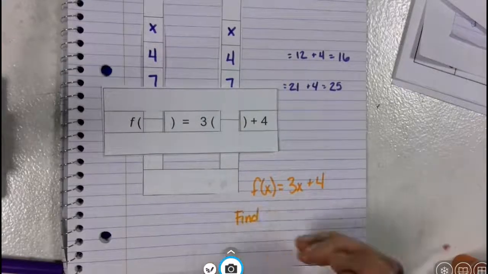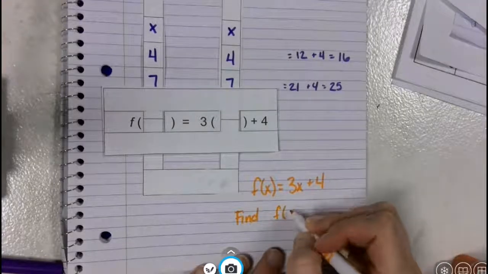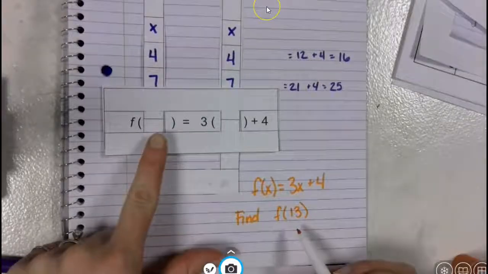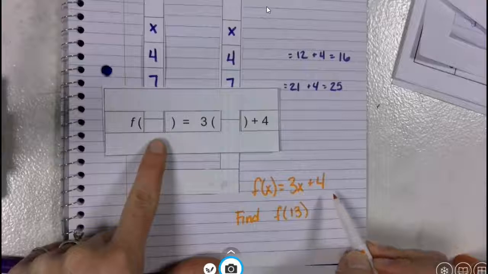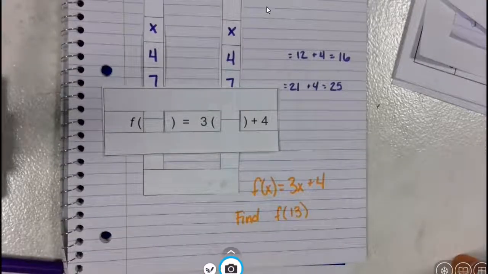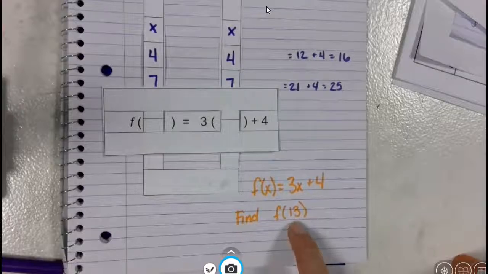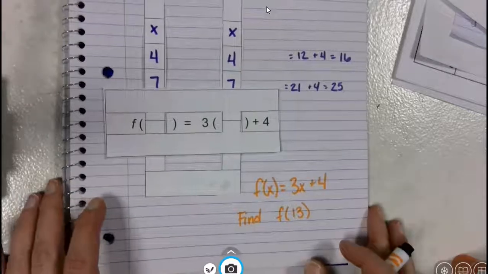That's generally our term for what we're doing. Find f of 13. What does that mean? How can you use what we just figured out to plug in this information, solve it, and find that for me? If you email me the answer you get from evaluating f of 13, you'll get a little prize next time I see you on campus.